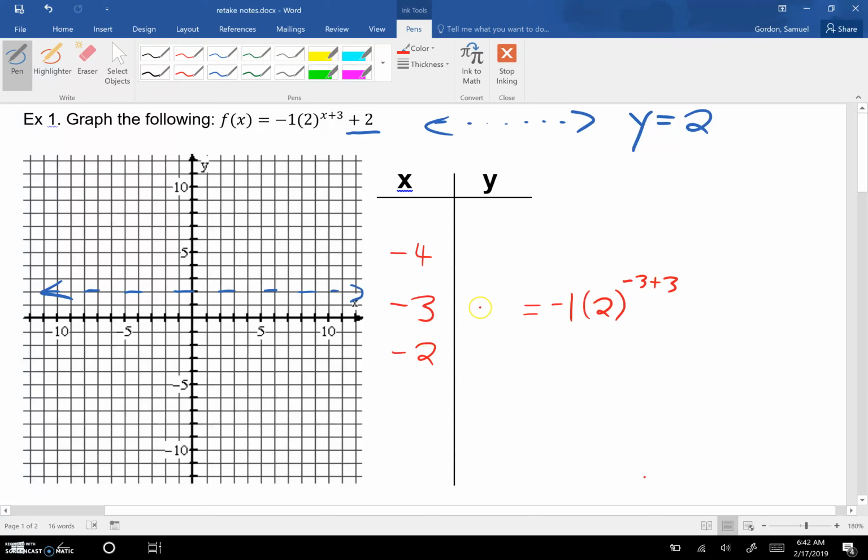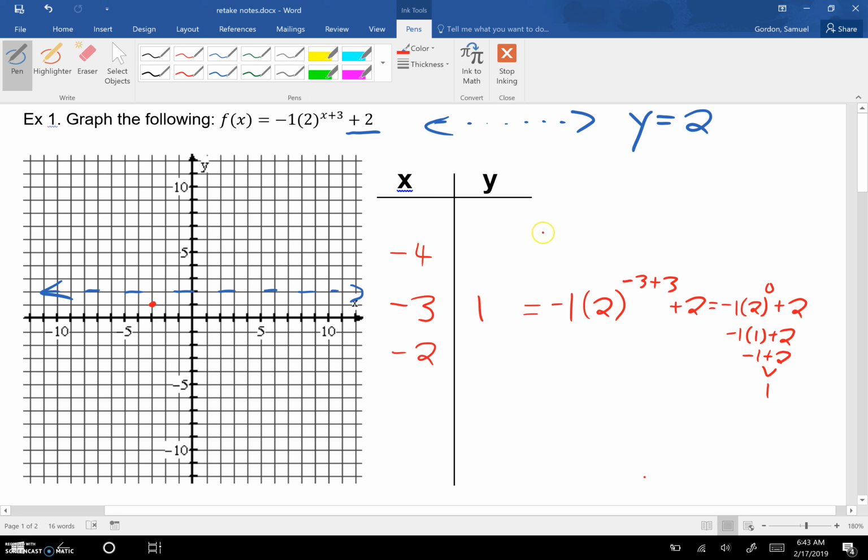That gives me negative 1 times 2 to the power of 0 plus 2. 2 to the power of 0 is just 1, so that's negative 1 times 1 plus 2. Negative 1 plus 2 is positive 1. So that's my first point: negative 3, positive 1.